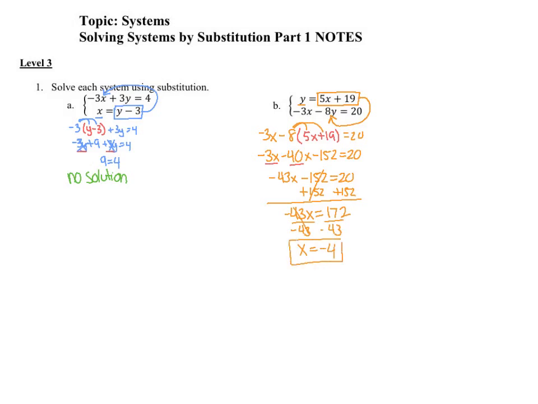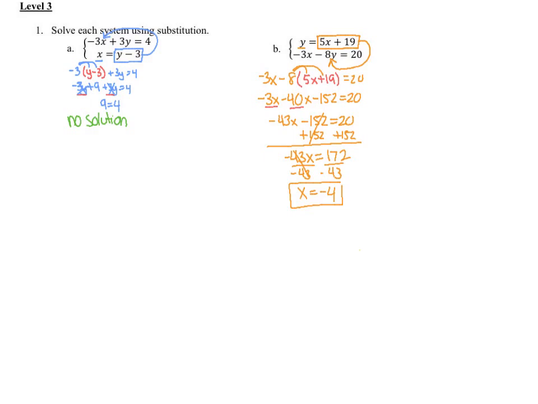So now I know what x is, so I can actually take that and plug it all the way back up here. And I want to figure out what y is. So I can take y equals 5 times x, and we know that x is negative 4, plus 19.